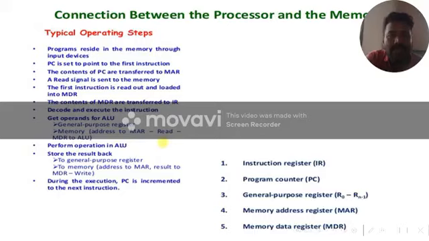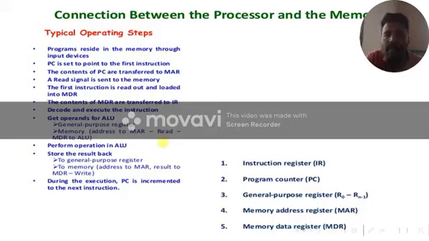Next, the content of the memory data register is transferred to the instruction register, because the next instruction is going to be processed. The next instruction is handled by the program counter, whereas the current instruction is carried out by the instruction register. This looping is carried out throughout the whole set of instructions.